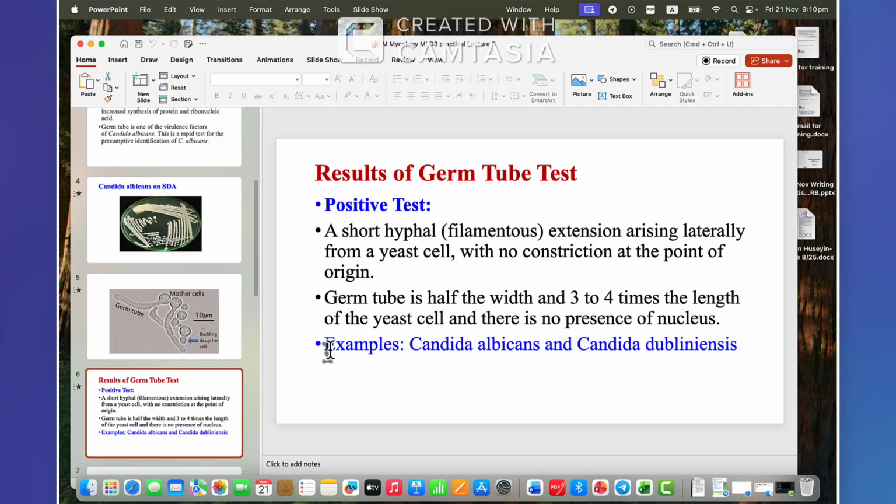As I said, it is positive in Candida albicans and Candida dubliniensis, and the other species of Candida are negative. So we can detect and differentiate between Candida albicans, which is positive, and the others, like Tropicalis and glabrata, which are negative.